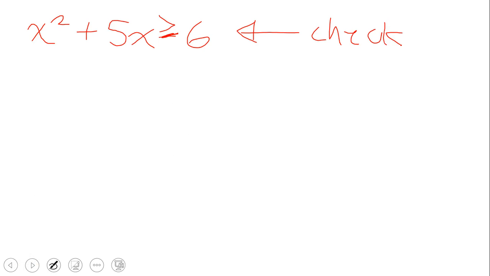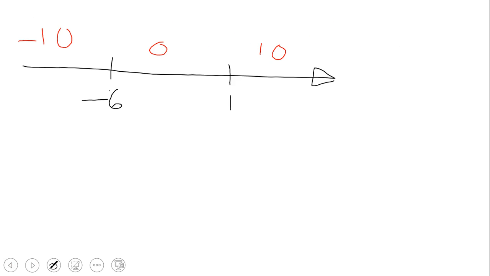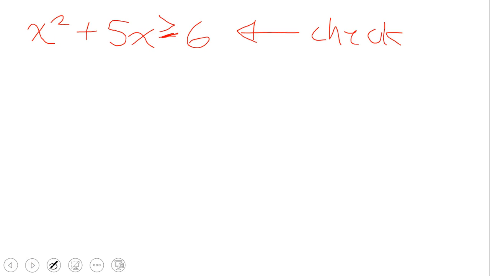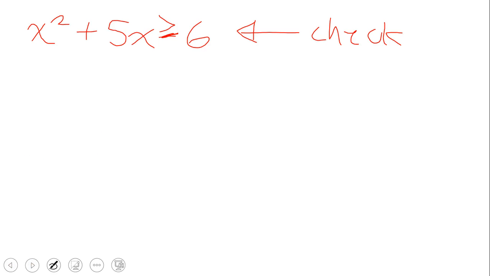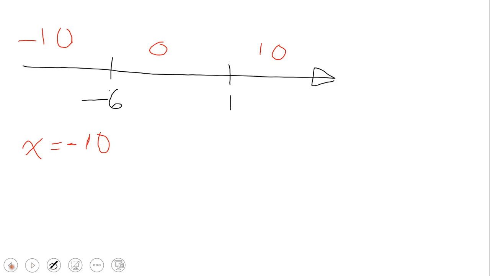Okay. So I'm going to try it for negative 10, which is my first region right here. When x equals negative 10, I have negative 10 squared plus 5 times negative 10, question mark, greater than or equal to 6.